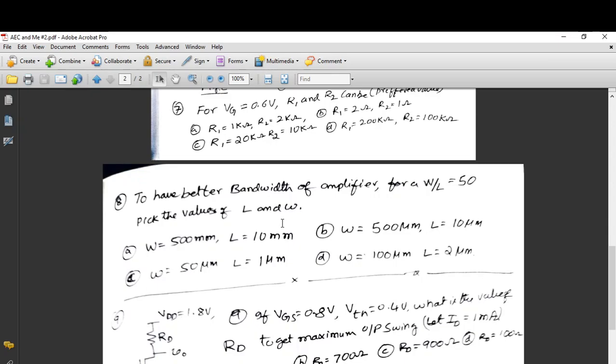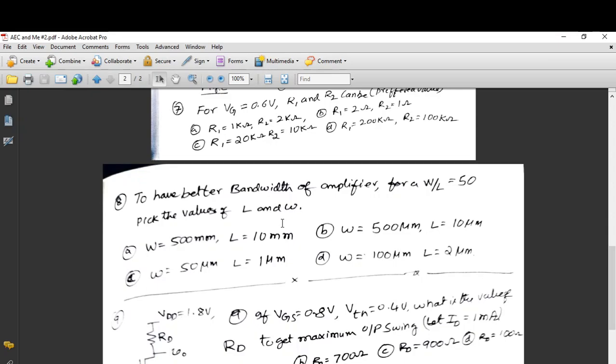In option A, W is given as 500 millimeter and length is 10 millimeter, and in option B, width is 500 micron and length is 10 micron. In option C it is 50 micron and 1 micron. Then in option D it is 100 micron and 2 micrometer.